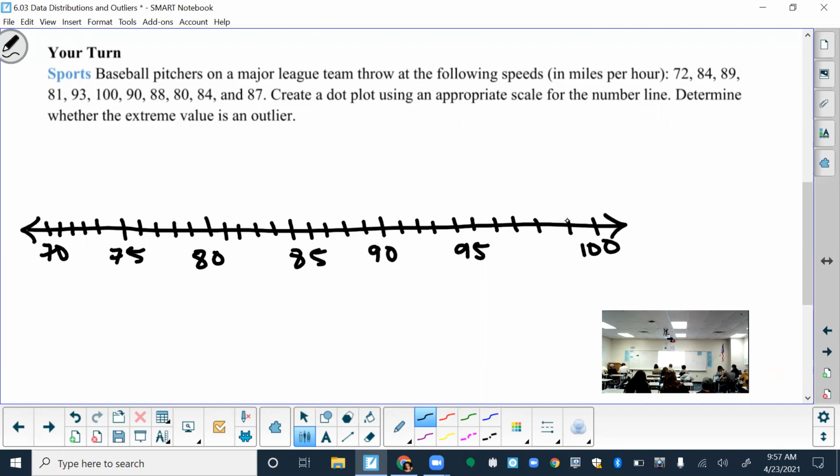All right, so once you've made your number line with an appropriate scale, plot your dots or your X's.